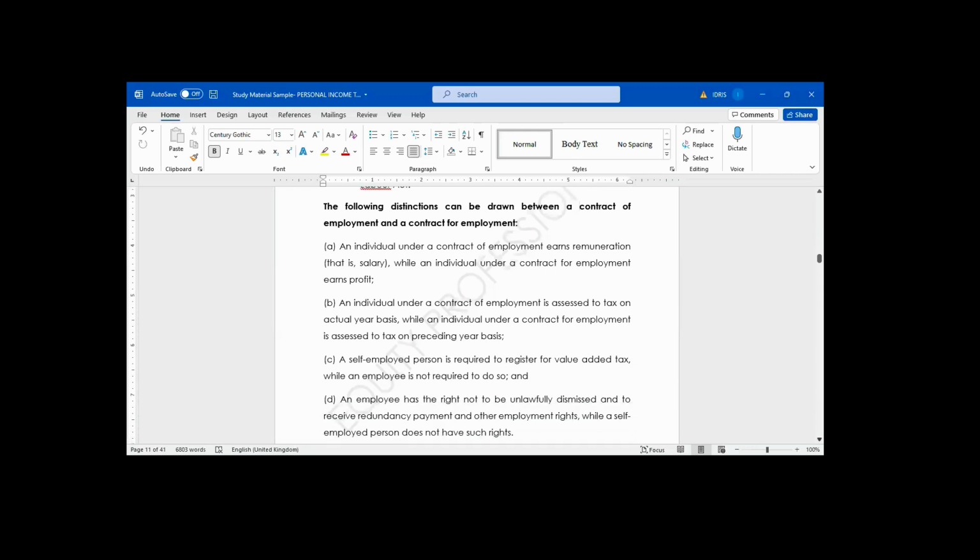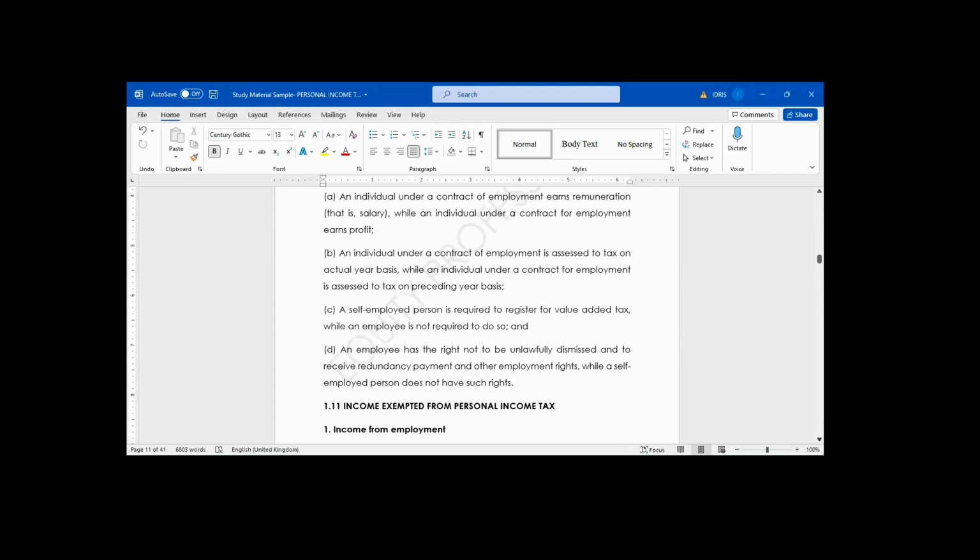Contract of employment is a full-time job, while contract for employment is a part-time job.